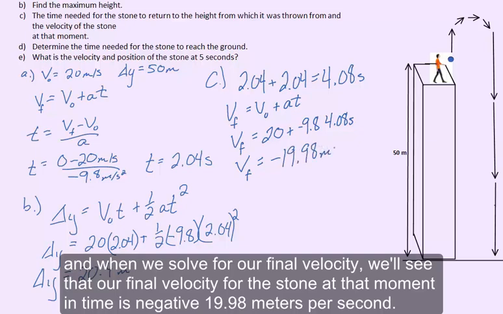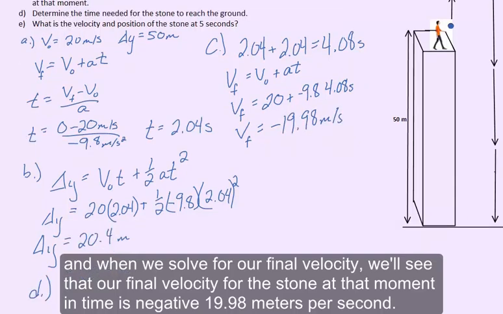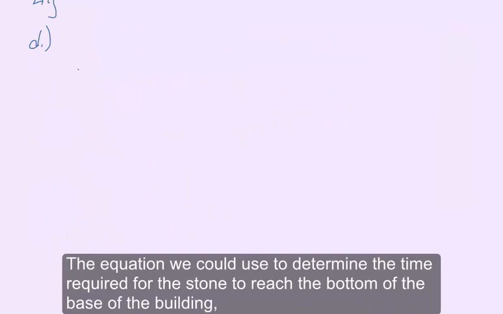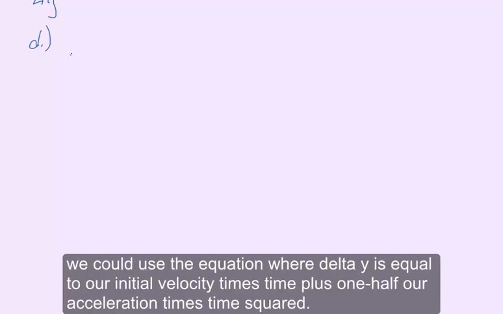19.98 meters per second. In part D, we're asked to determine the time needed for the stone to reach the ground. The equation we could use to determine the time required for the stone to reach the base of the building is the equation where delta y is equal to our initial velocity times time plus 1/2 our acceleration times time squared.